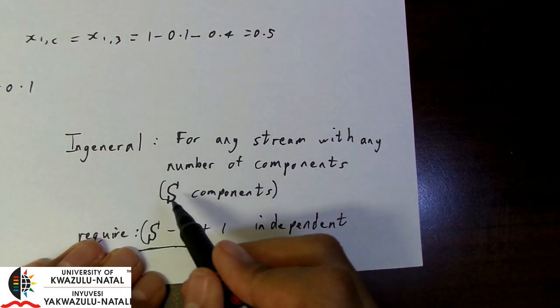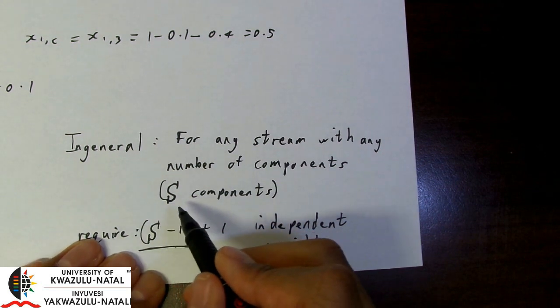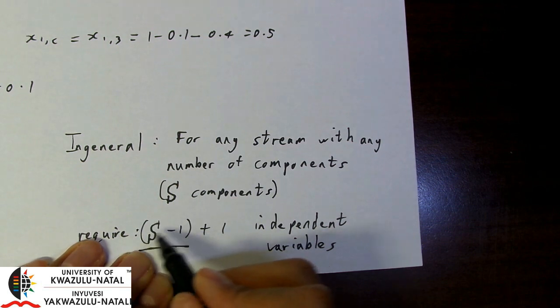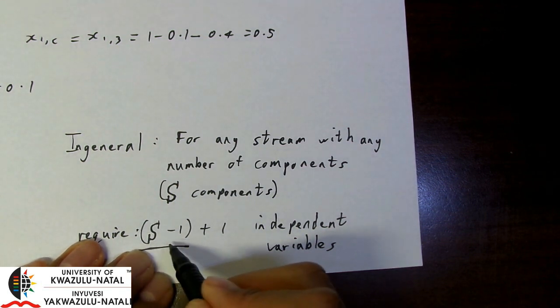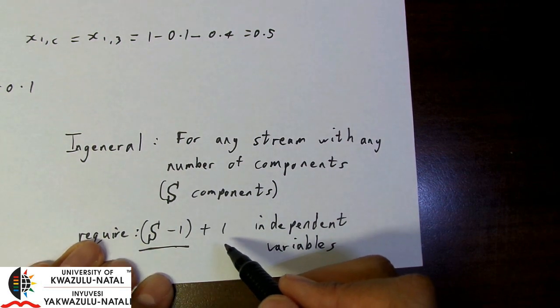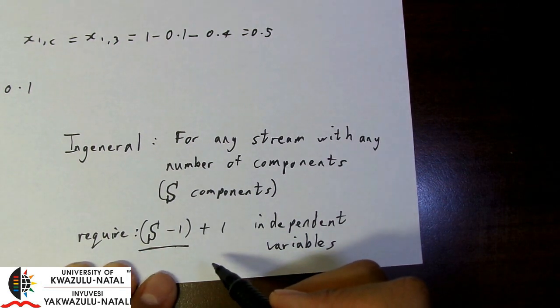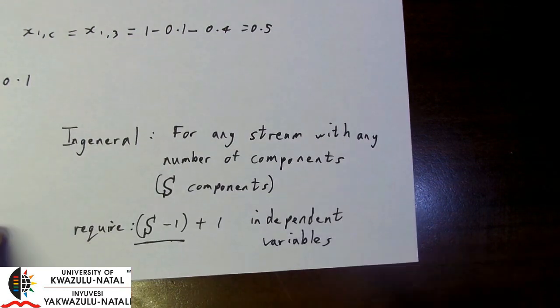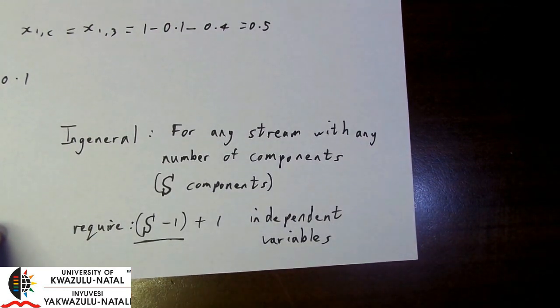If we had 7 components in our stream, in any particular stream, we will need 7 minus 1 or 6 compositions and still 1 flow. Okay, so that summarizes independent variables as far as streams are concerned.